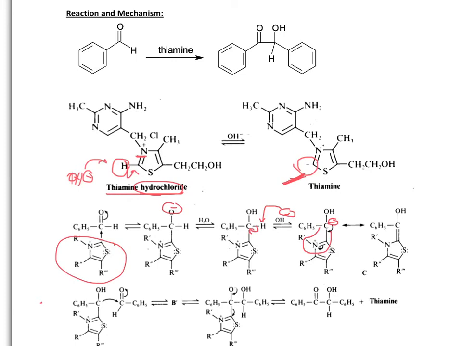So here's the resonance. At this point, you're going to show how this negatively charged benzylic position is going to attack another molecule to carry out that dimerization reaction. Proton transfer, of course, will occur from one to another, and that will cause the loss of that thiamine.